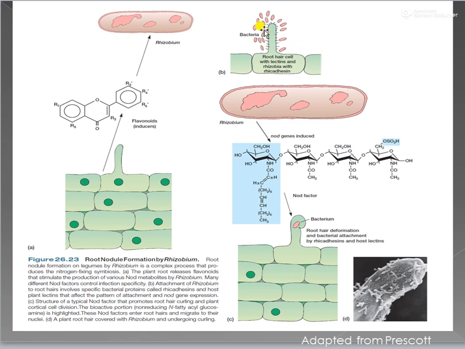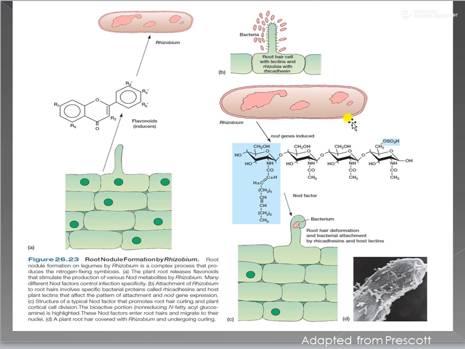An interaction happens, and the attachment of this bacteria onto the root hair cells of the plant occurs. The interaction happens with the help of lectin and ricardescence. These are proteins. On the plant surface there are certain lectins, and on the surface of the rhizobia there are certain compounds such as ricardescence. So that interaction happens through certain proteins.